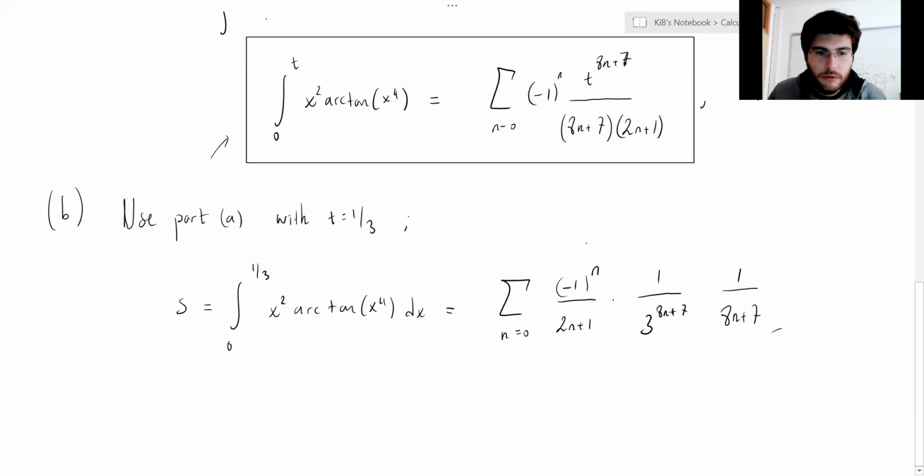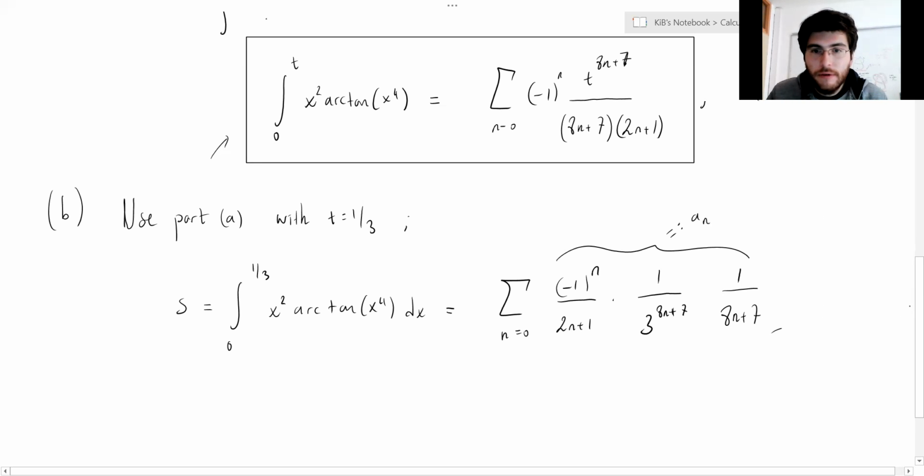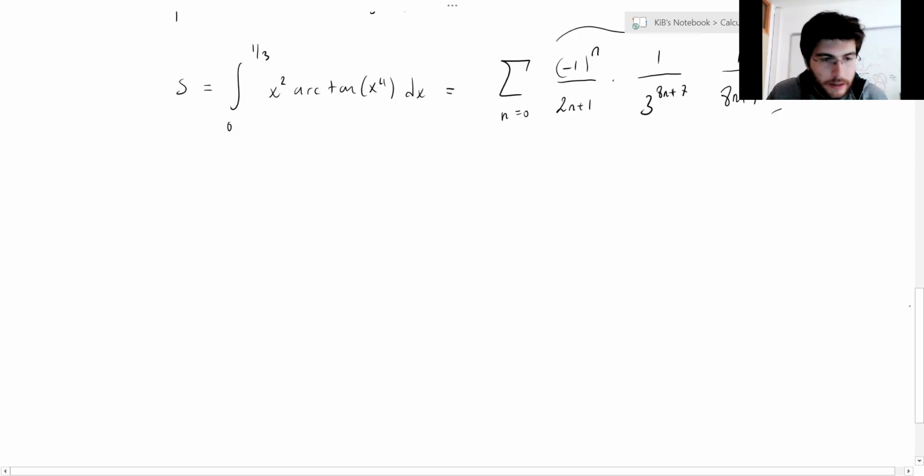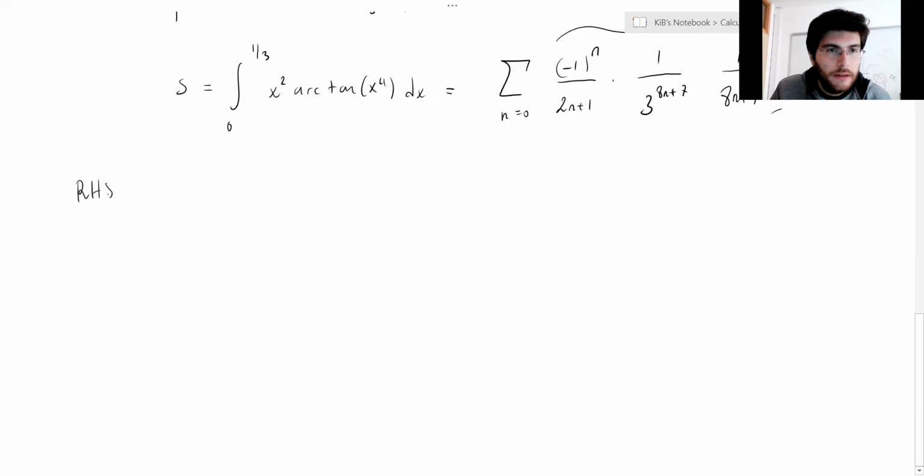Let me denote this term, everything, by, let's say, an. On the right-hand side, we have, of course, an alternating series. So the right-hand side is a convergent alternating series.